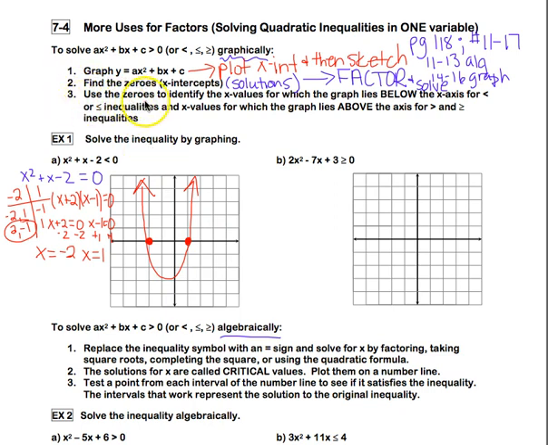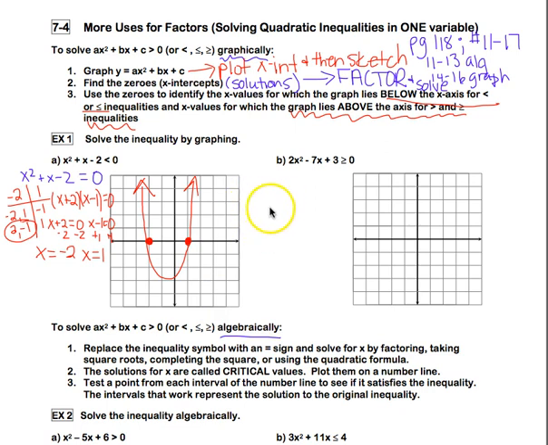So once I have my rough sketch, I'm down to step 3. It says use the zeros to identify the x values for which the graph lies below the x-axis for less than or equal to inequalities, and x values for which the graph lies above the x-axis for greater than and greater than or equal to inequalities.